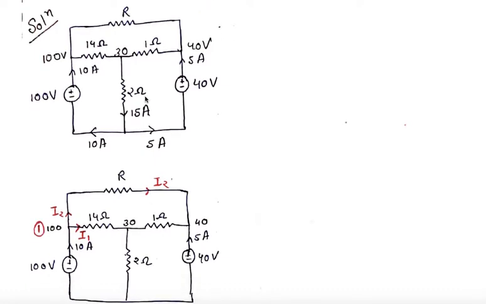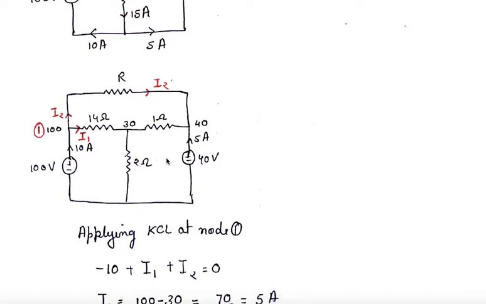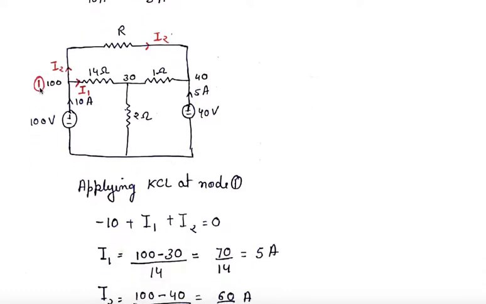Now we will start marking the currents in all the branches. So we have marked the current here, I1, I2. Already in this branch we know 10 ampere is flowing, and I2 is flowing from here to here also. In the whole branch it will be flowing. So we mark this node as 1 and we will apply KCL at node 1.